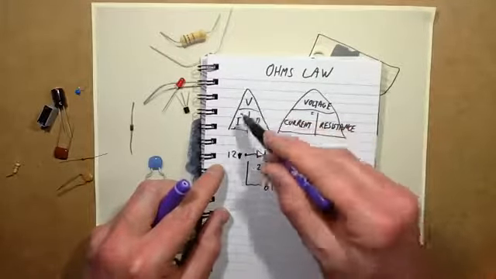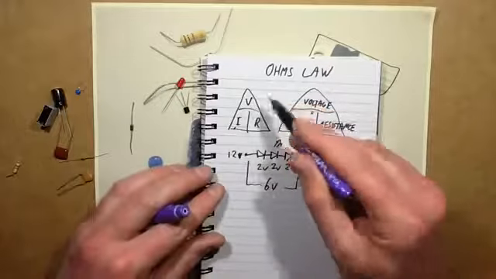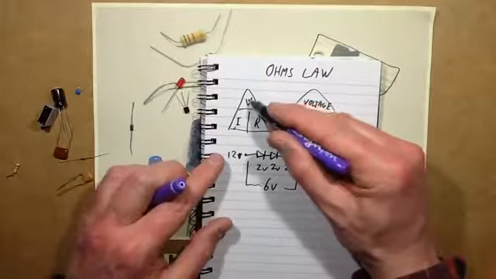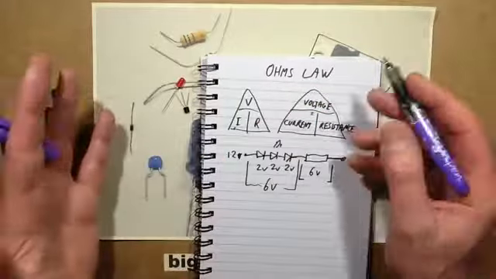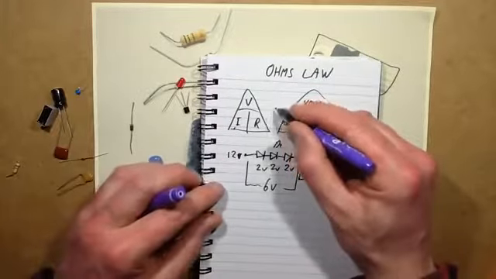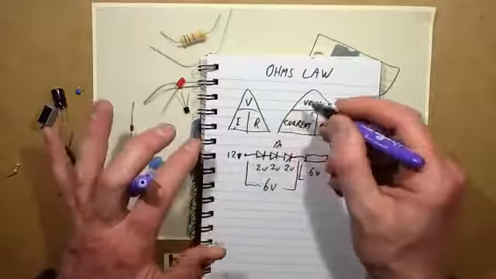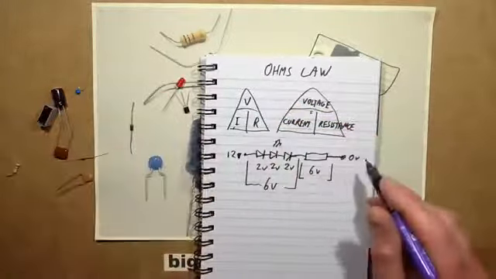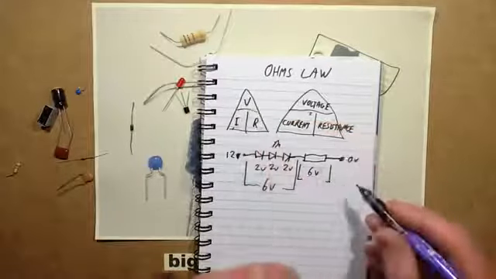So voltage equals current times resistance, and for the other ones, you divide the one above it. R equals V over I and I equals V over R. It's just an easy way to remember how they relate to each other.